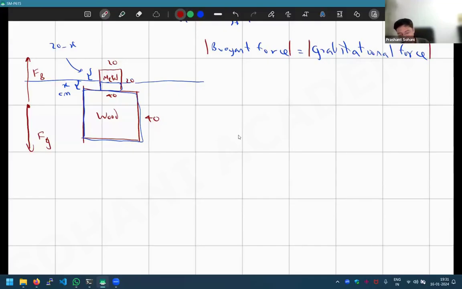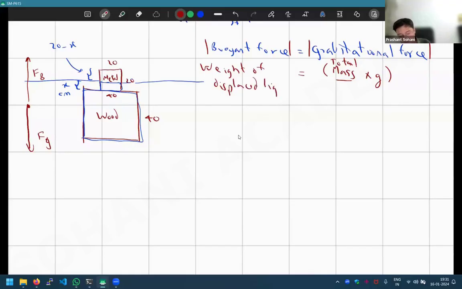So the gravitational force is simply the total mass of the system into g, right? And here the total mass will be the mass of the wooden block plus the metal block, right? So this is the total mass. Okay, and on the left hand side, what is the buoyant force equal to? It will be equal to the weight of the displaced liquid, right?